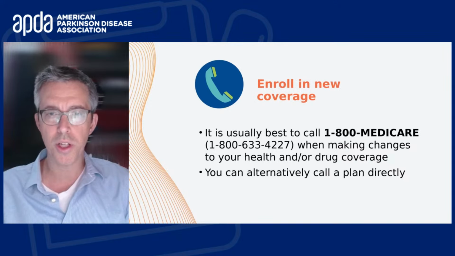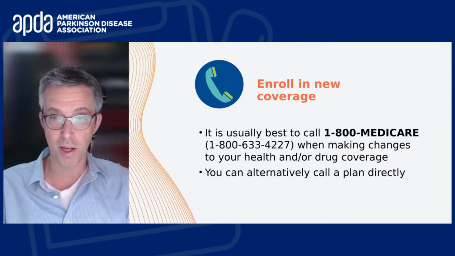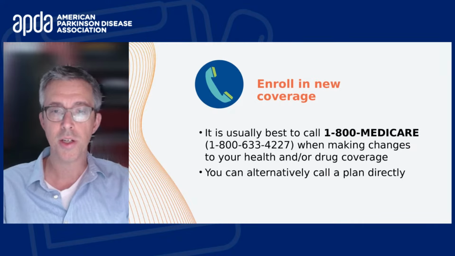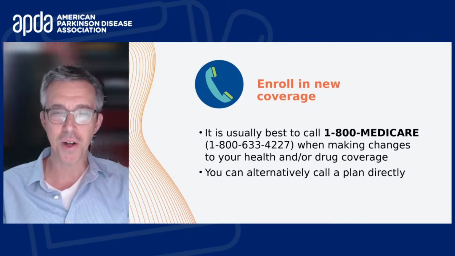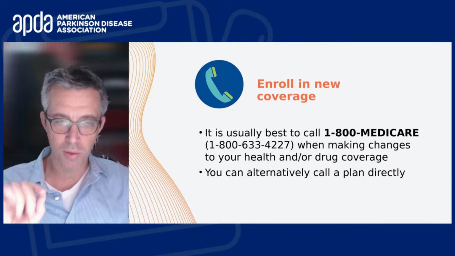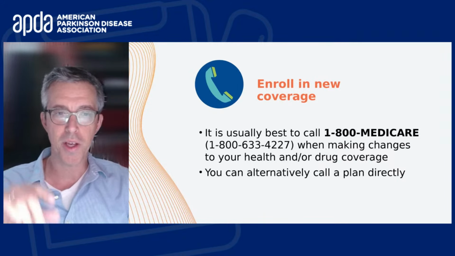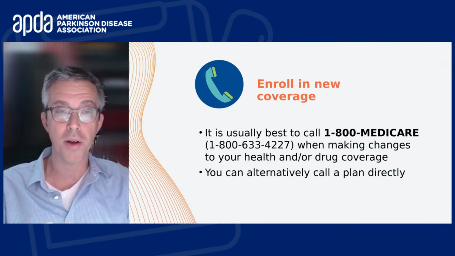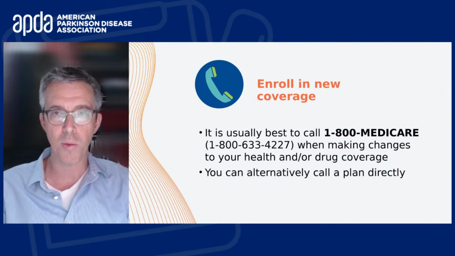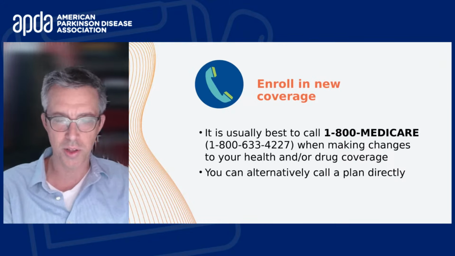So you can enroll in new coverage. It's usually best to call 1-800-Medicare when making changes to your health or drug coverage. And again, alternatively, call a plan directly. When you're making enrollment changes, it's a really good idea to go straight through Medicare, because then enrollment errors are much less likely to occur, and whatever you do has to be recorded in their system.